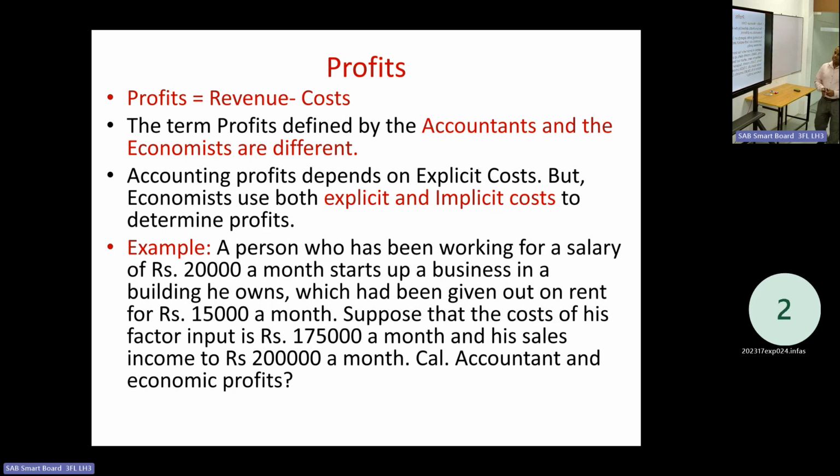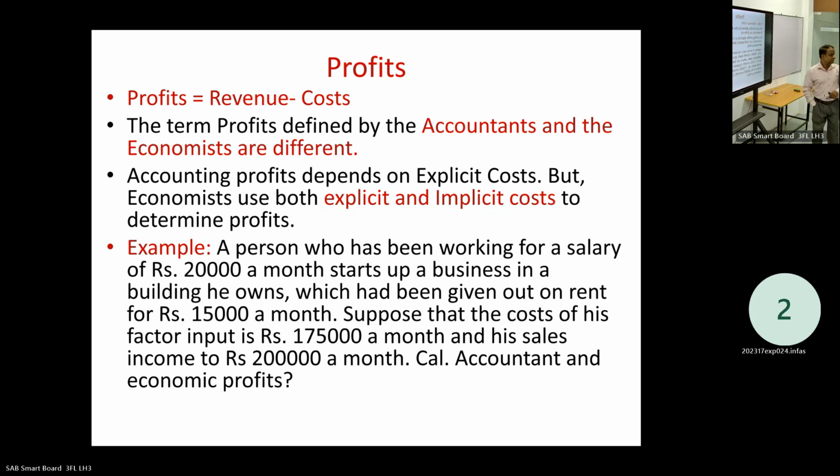Now, if we calculate the accounting profit, we take the sales revenue. Sales revenue is 200,000 minus the factor cost.